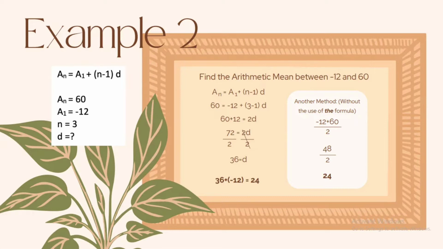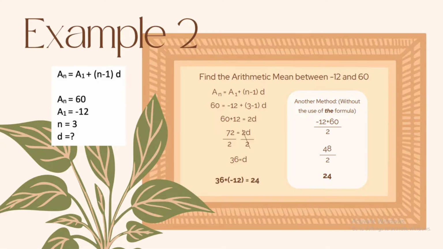And then you are going to be dividing both values by 2 to isolate d. So 72 over 2, that's 36. And 2d over 2, cancel out 2, you are left with d. And then you are going to add the common difference to the first term. So 36 plus negative 12 is equal to 24. Hang on to that. And then let's move on to the second method.